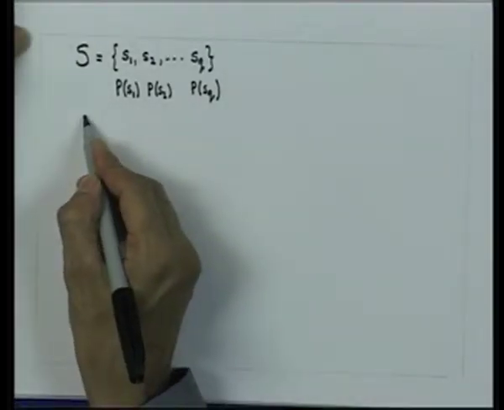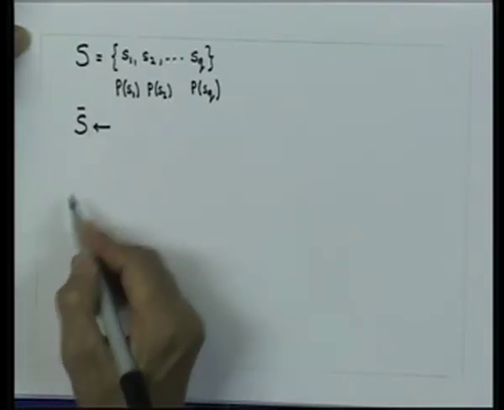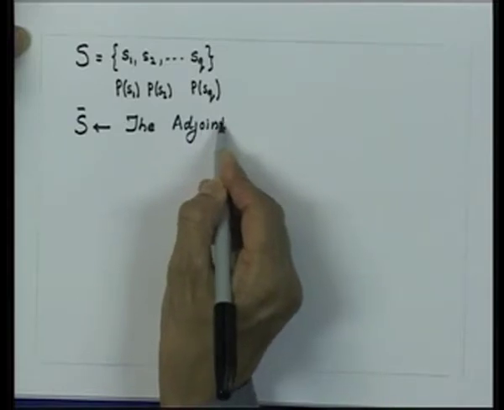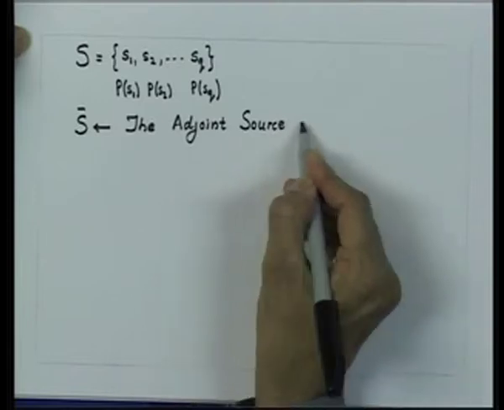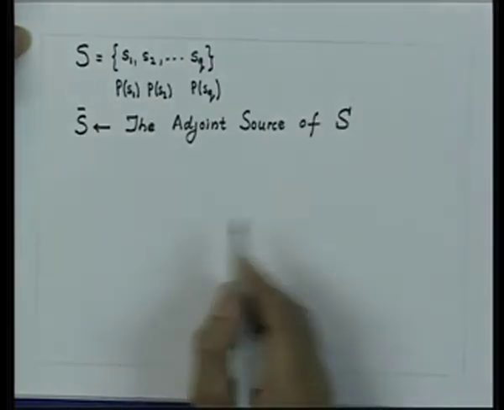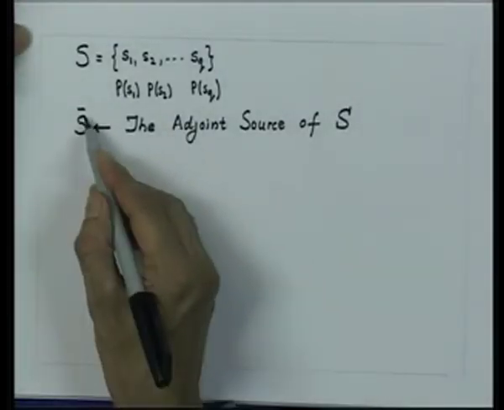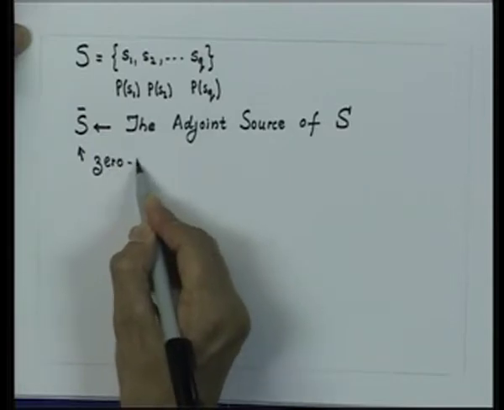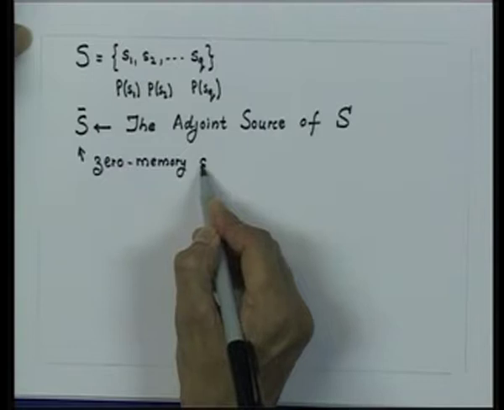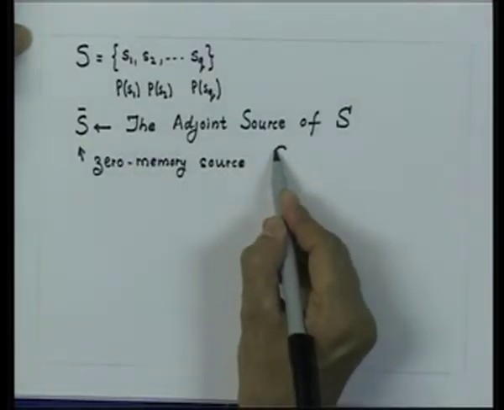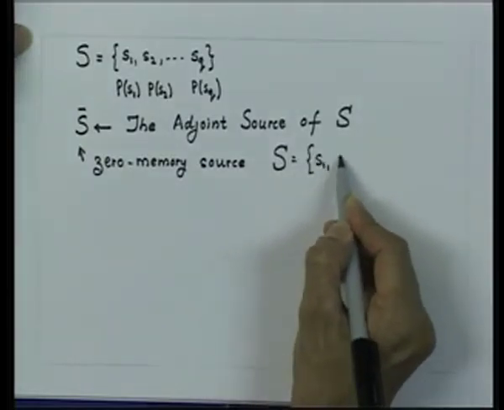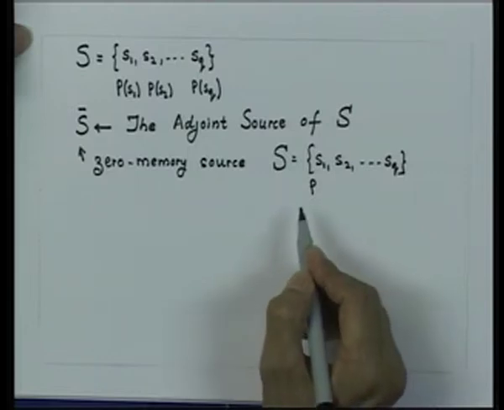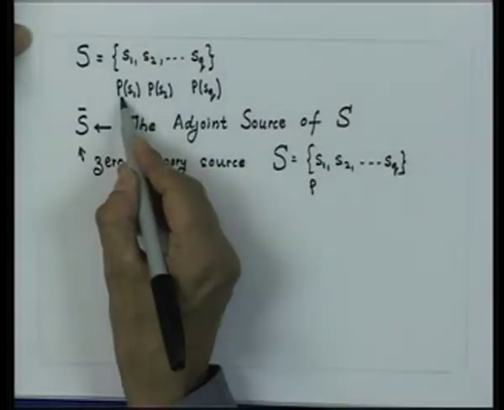Now, let me define another source S bar, and this S bar is known as the adjoint source of S. This source S bar, which is the adjoint source of S, is a zero memory source with the identical source alphabet S given as S1, S2, up to SQ, and identical first order symbol probabilities PS1, PS2, PSQ.